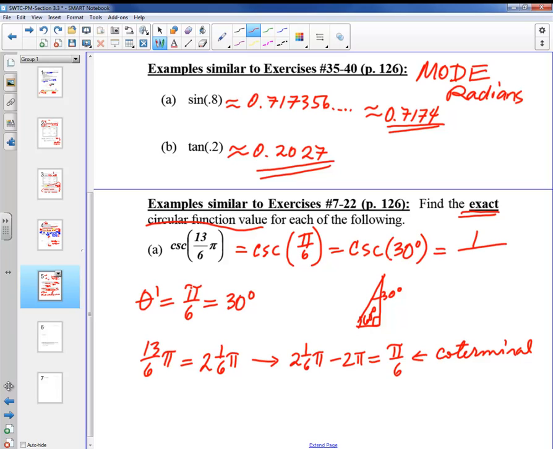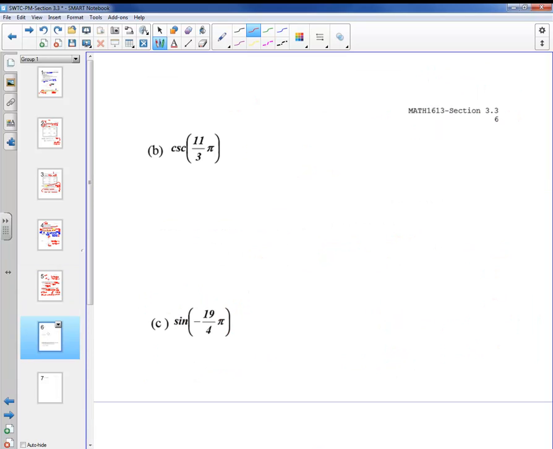So I use 1 over sine of 30 degrees, and that's going to be 1 over cosine of 60, so that will be 1/2, and this would be a 2. Okay, so that's your final answer. So these problems are no different from what we did in section 3.1.